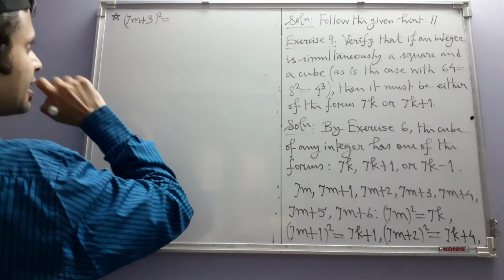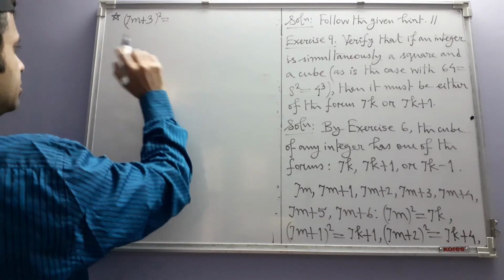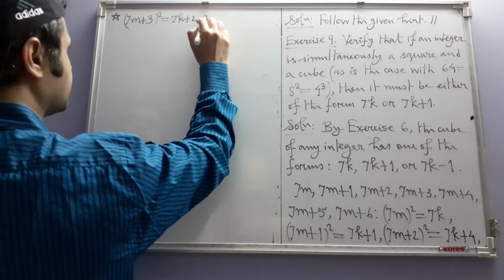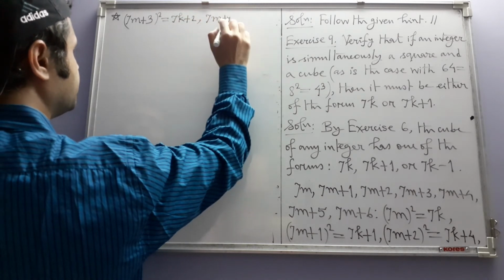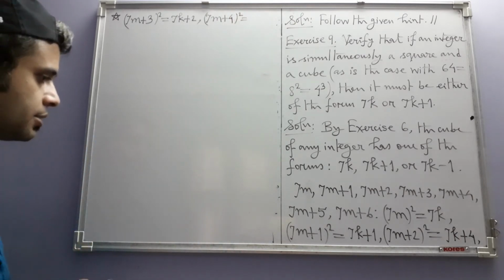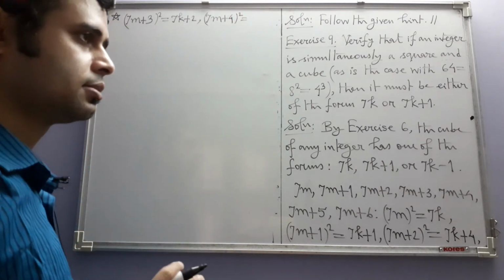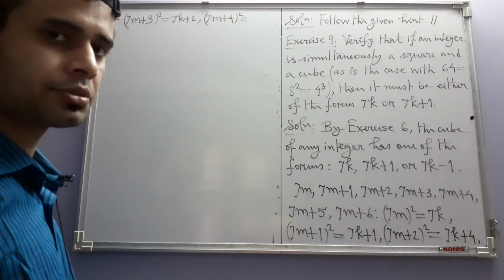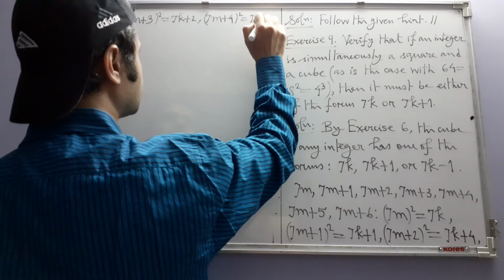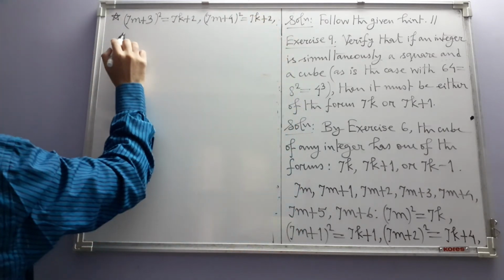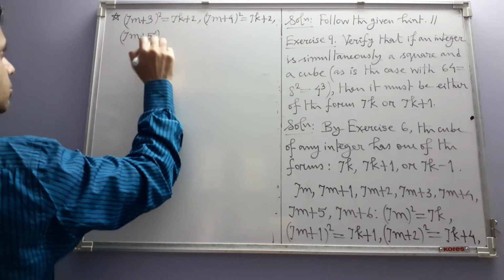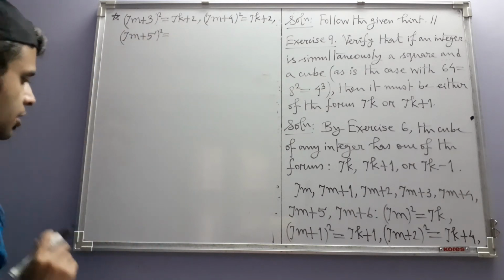Three squared is 9. From that one 7 goes inside, so it's of the form 7k plus 2. 4 squared is 16. 16 is 14 plus 2. 14 goes inside, so it's of the form 7k plus 2. 5 squared is 25.